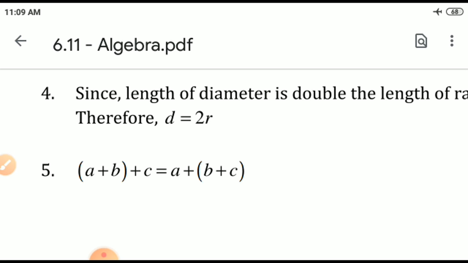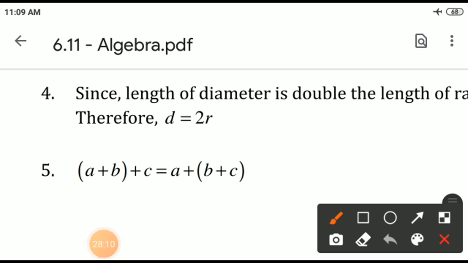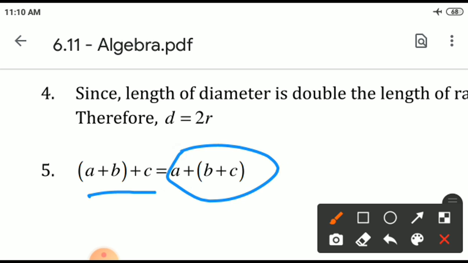You already studied these things in the whole number exercise. How do you do these things? Can you write for the other one also? A into B into C is equal to A into B into C. So up to here we completed exercise 11.1 and 11.2.